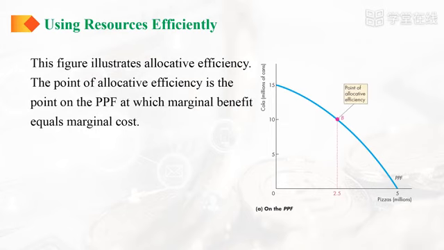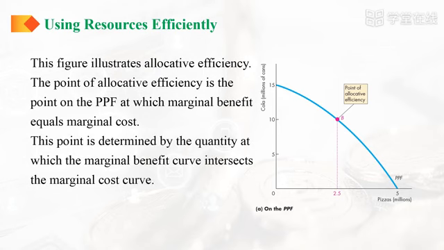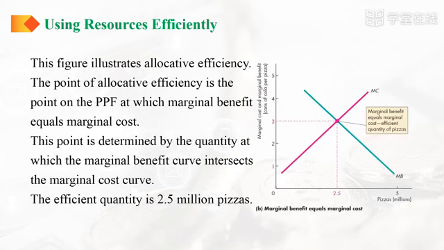The point of allocative efficiency is the point on the PPF at which marginal benefit equals marginal cost. This point is determined by the quantity at which the marginal benefit curve intersects the marginal cost curve. The efficient quantity is 2.5 million pizzas.